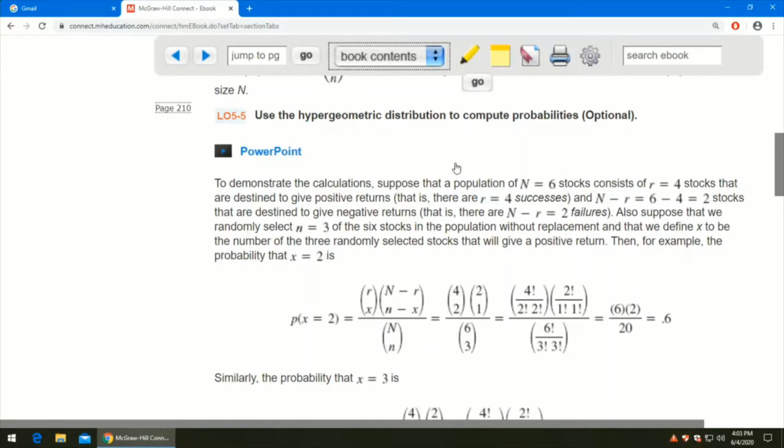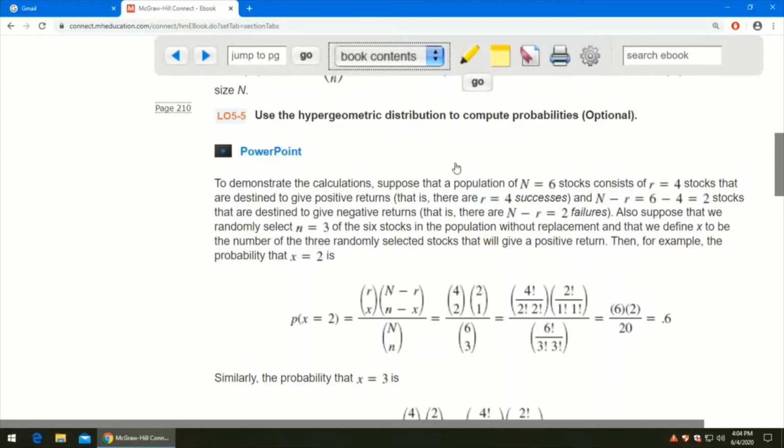So we can have the probability as this, and now r would be success, 4, out of which we have the probability of x is 2. Now N is the total pool of 6, and 6 minus 4 in this case is 2, and n in this case is if you are randomly selecting 3 stocks.